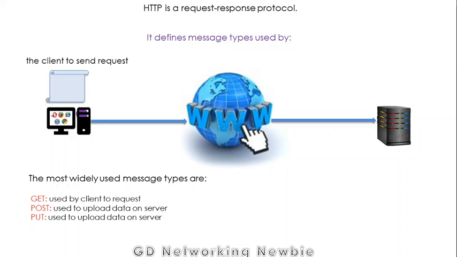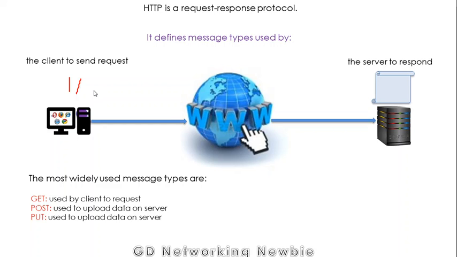Some message types are used by the client nodes to send requests, as a request to the server machine, and some messages are defined for the server to respond to the client. It means some messages are for the client to send a request and some messages come back from the server as a response to the client.